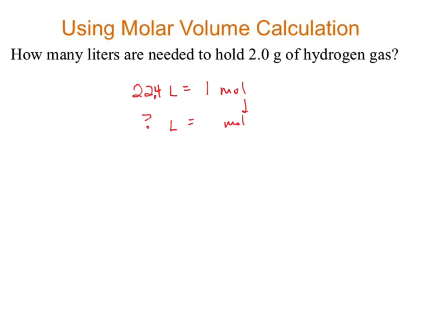So what can you do? We could say, maybe I should find out what the moles are, which would mean another conversion. So let's say moles, and it needs to be related to something. Well, what could it possibly be related to? Grams.